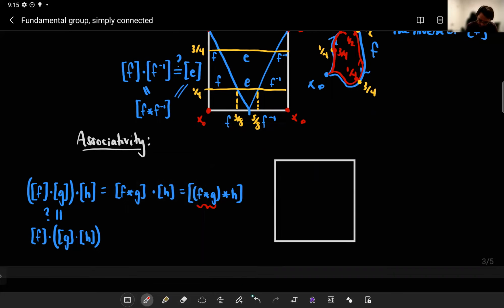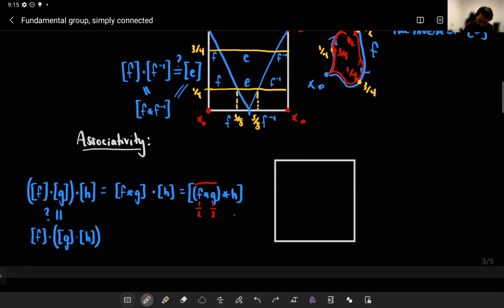So if we just focus on this, I was spending half my time at F, half my time at G, because you traverse F at double speed, you traverse G at double speed, so you're spending a half second traversing each of those. But then I have to take this and concatenate it with a new path.